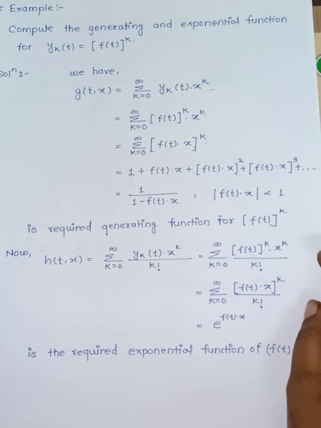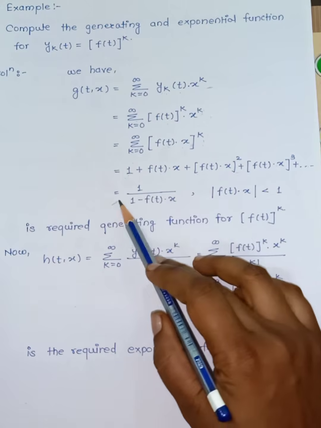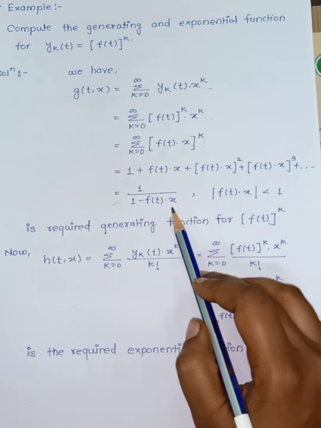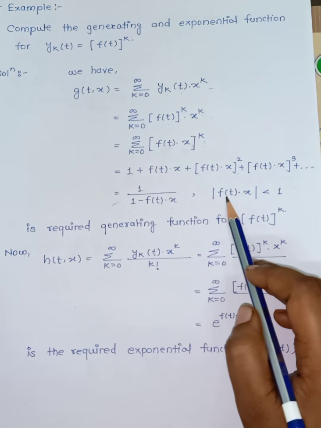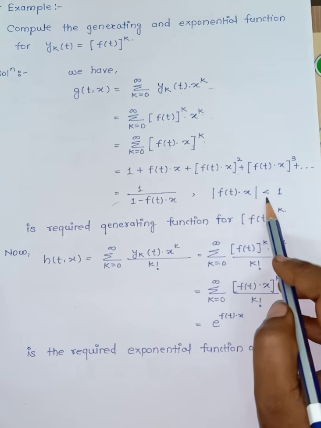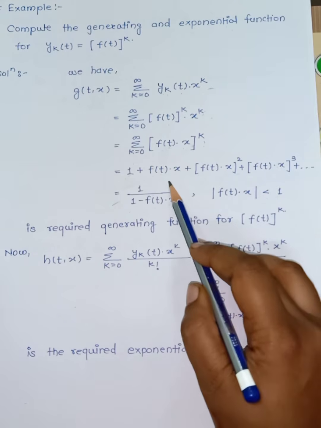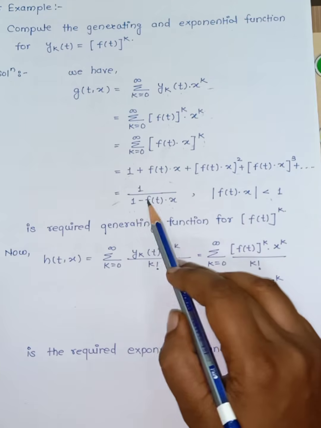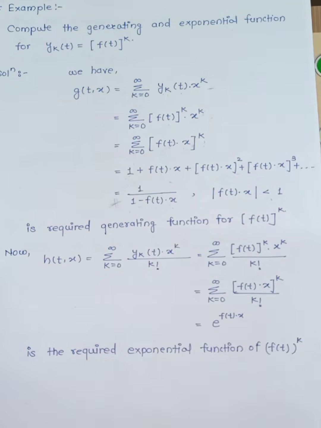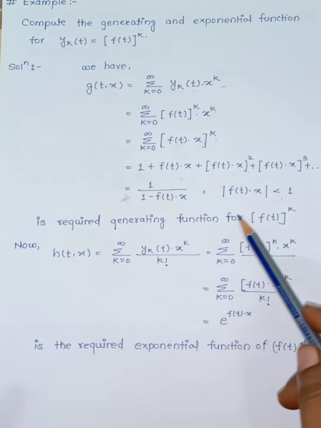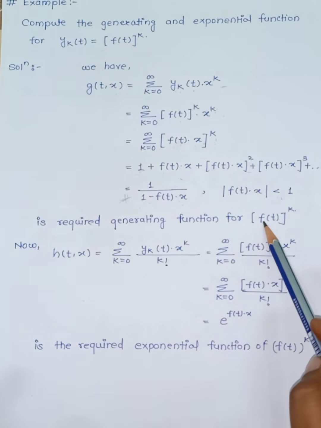But this is the series for 1 by 1 minus f of t into x. If the modulus of f of t into x is less than 1, then only we can write it like this. If this is not less than 1, this is not correct. Okay, and this is our required generating function for f of t to the power k.